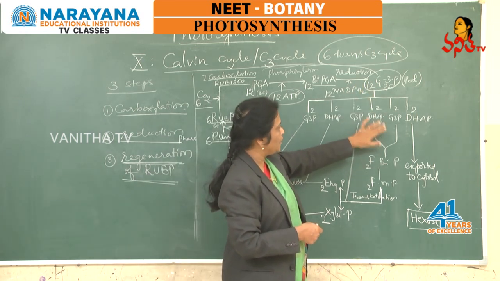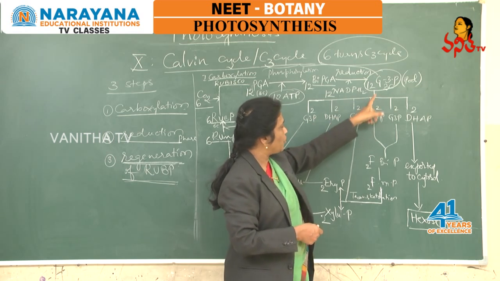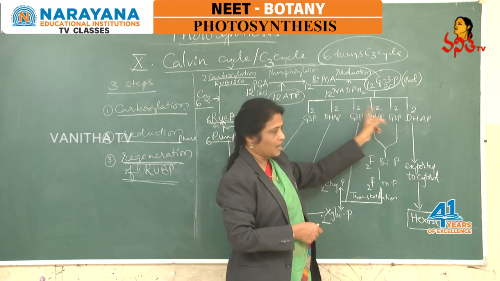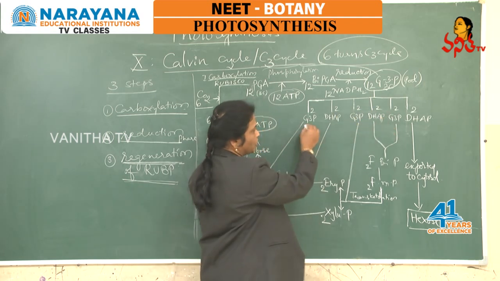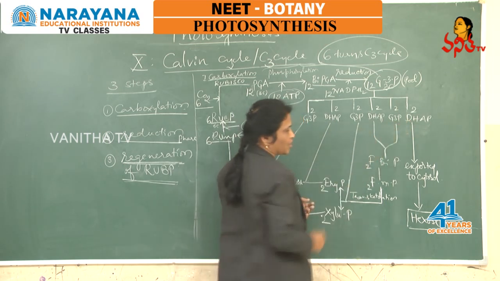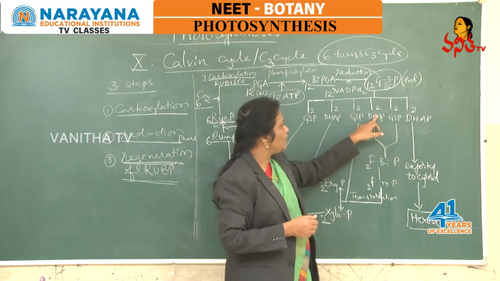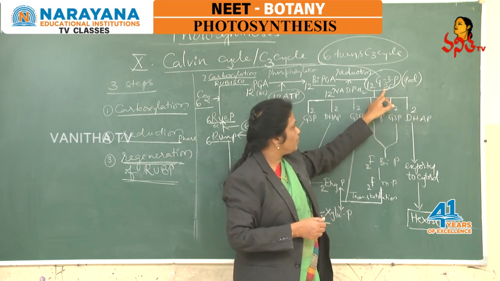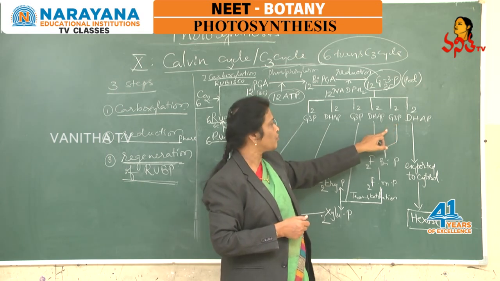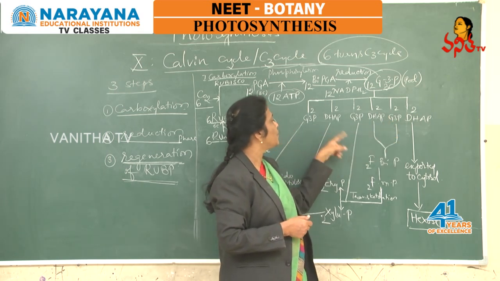Here, for our convenience, we split those 12 molecules of G3P into 2 molecules, 6 times, as I mentioned here. Among these G3P molecules, alternately I represented DHAP, that means a total of 6 molecules of G3P are isomerized into DHAP, that is dihydroxyacetone phosphate, and the remaining 6 remain in the form of G3P.